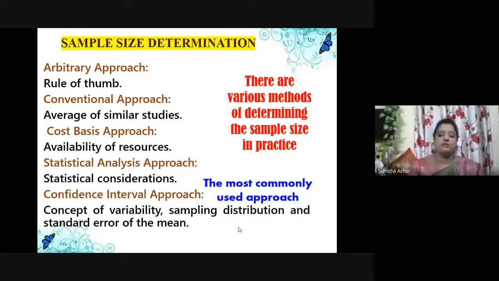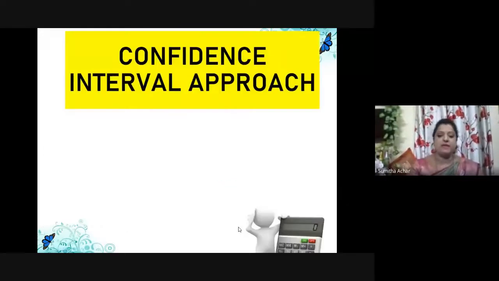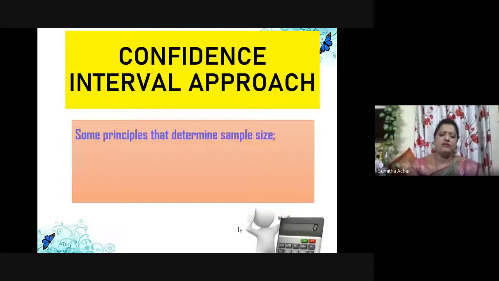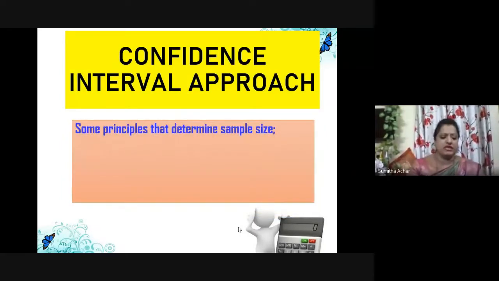So the most common method is the confidence interval approach, right? So this is a method. Now, some of you may say that this is too silly. Why do we have to understand the theoretical background when we readily have a sample size calculator and so on? Of course, yes.